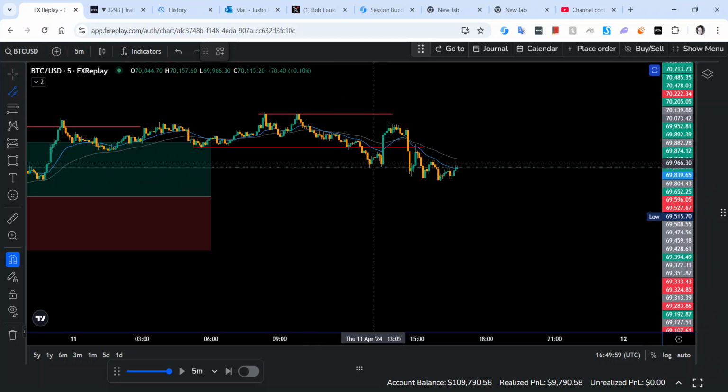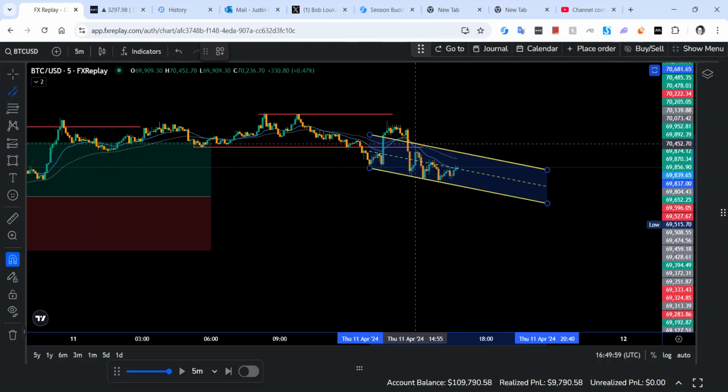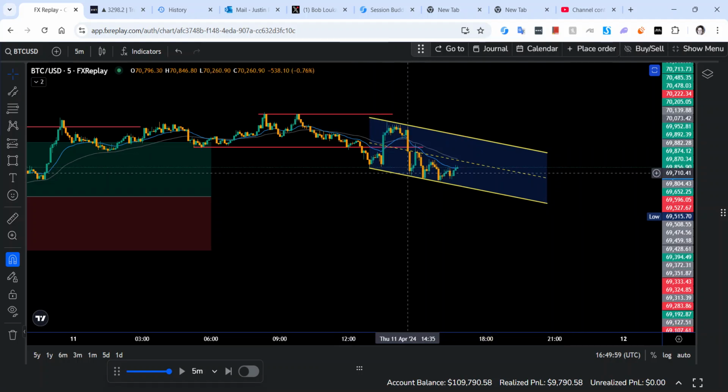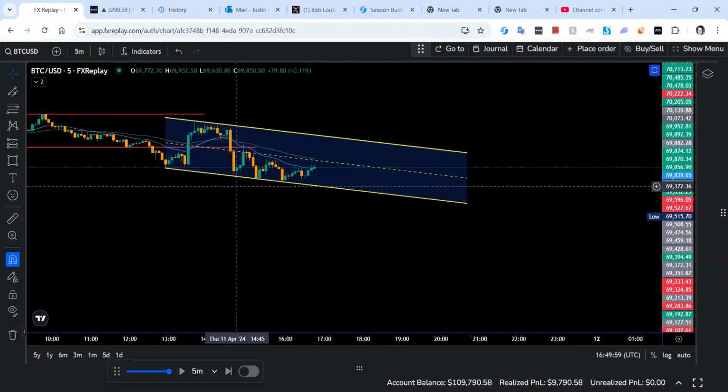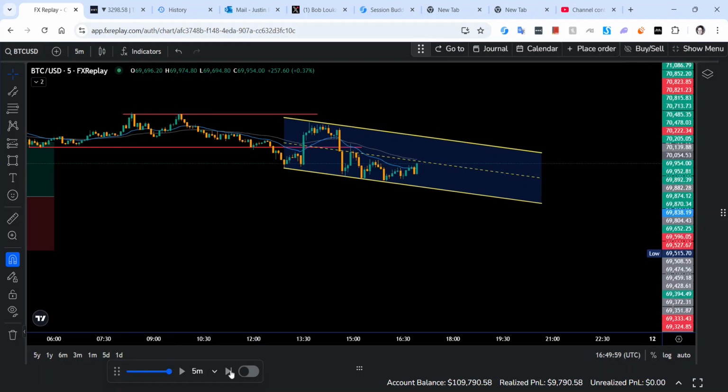I like to draw these channels in when I can see a clear pattern. So you can see 1, 2, 3, clear pattern. I like to do that. Now, if I was trading this, just how I'd be trading, I would be looking for a short at the top of this channel.